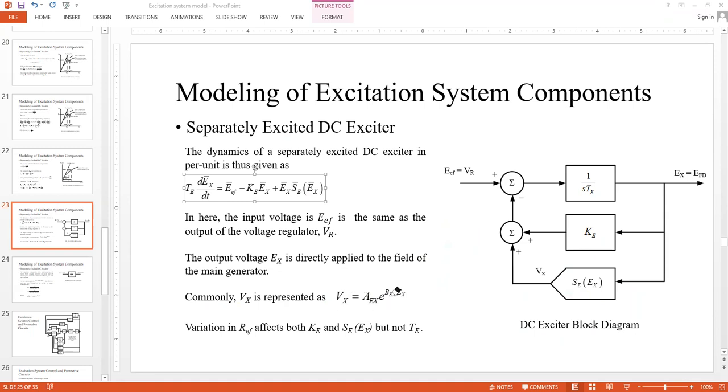So if we linearize this, what should we get? If you simply write Vx equals del Vx plus Vx0, then that should be equal to what? AEX, remember, I told you AEX is a constant, e to the power BEX, BEX is another constant, and then you write EX equals EX0 plus del EX.